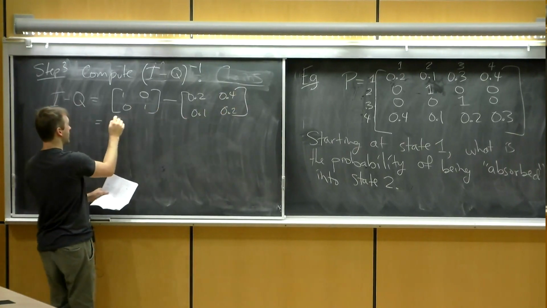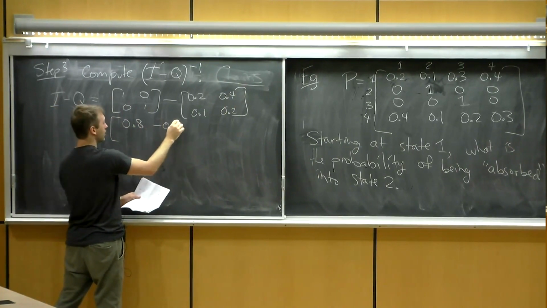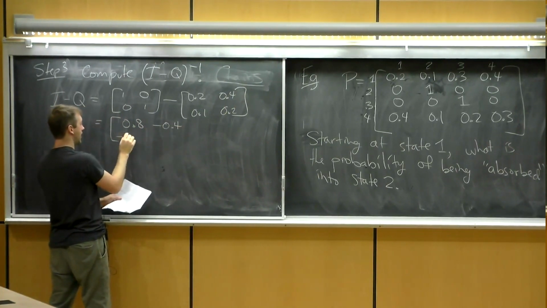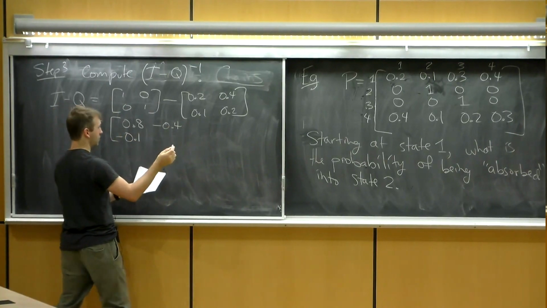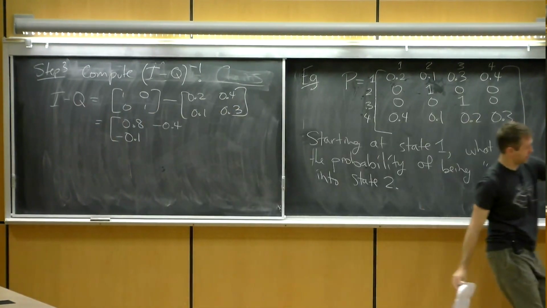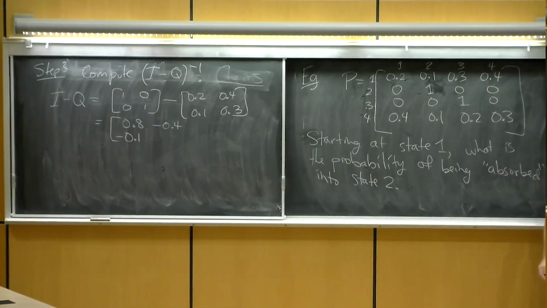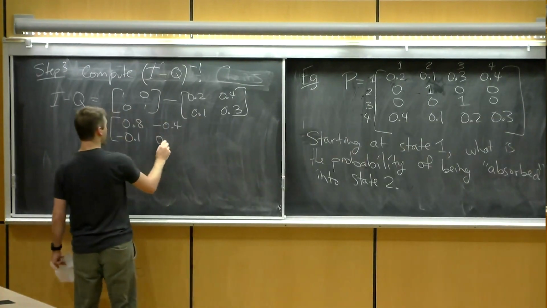So I minus Q will be 0.8, negative 0.4, negative 0.1, and, oh, sorry, this should have been a 0.3, I think. Right? That's a 0.3 right there. So this is Q. So that should be a 0.7. Okay.